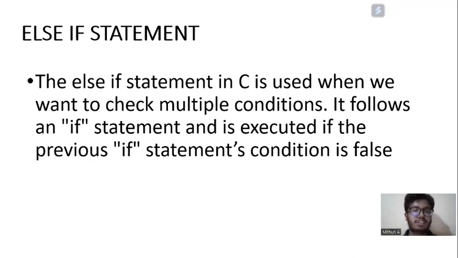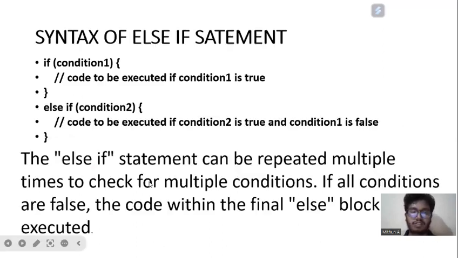The else if statement in C is used when we want to check multiple conditions. It follows an if statement and is executed if the previous if statement's condition is false. Here we have the syntax of the else if statement.